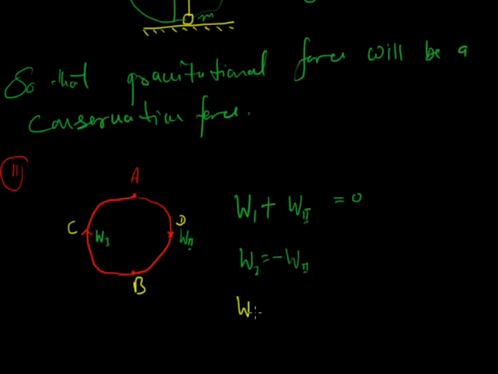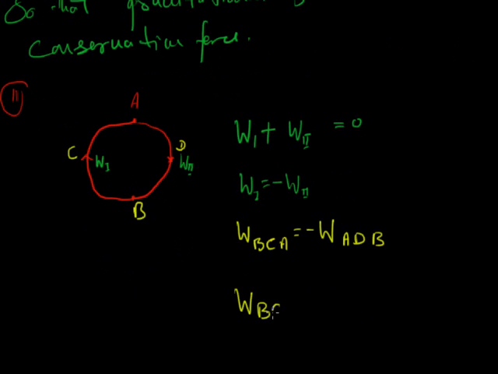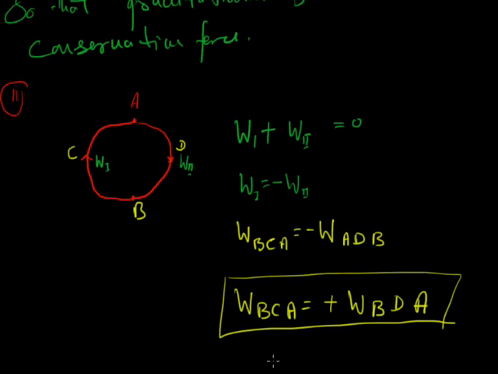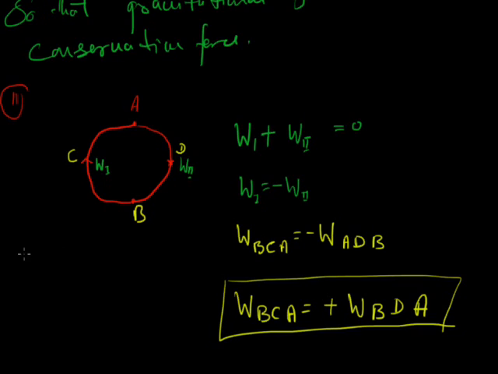So W1 can be written as W BCA and W2 as W ADB, and W BCA is equal to, if we convert negative to positive, W BDA. It is according to the first law. When we go from B to A with the first path and with the second path, the work done is equal. It means the force is conserved.